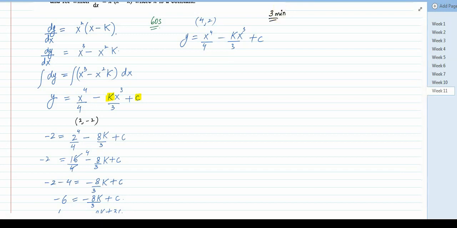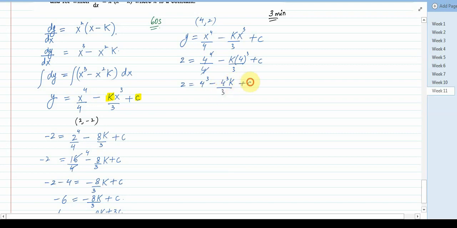Alright, if I place the values here, it will be 2 equals 4 to the power 4 divided by 4 minus k, 4 cube divided by 3 plus c. 4 and 4 to the power 4 are cancelled, so it's 4 cube minus 4 cube k over 3 plus c. Now 4 cube is 64, so it's 2 equals 64 minus 64k over 3 plus c.